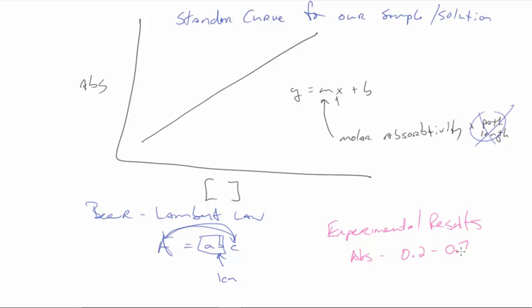Anything below that range means our light is not scattered enough, so we can't detect our concentration accurately. If it's above 0.7, we get too much scattering and it starts to interfere with the accuracy of our results.